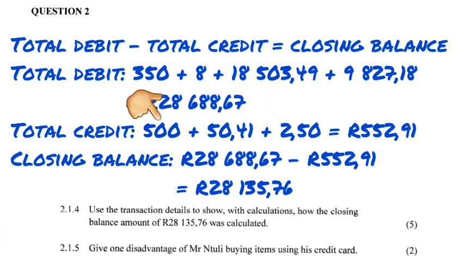Then my total credits is the 500 plus the 50 rands 41 cents, and the 250, which gives me 552.91. Basically, then I take my total debits and I minus my total credits, and it gives me 28,135.76, which is actually the balance that is on the statement.